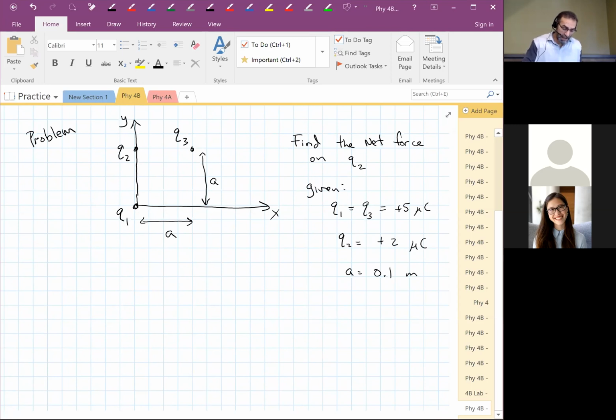So there's the setup. Q1, Q2, Q3 at the 3 corners of a square. Q1 and Q3 are the same charge, magnitude, and sign, and Q2 is a little bit different. So go ahead and think about that for a minute. See if you can find the net force on Q2.